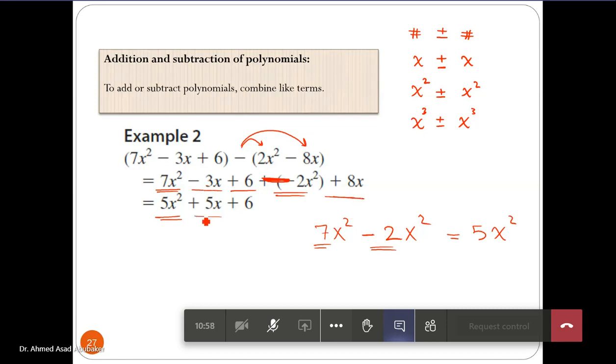So we also have 5x, because negative 3 plus 8 equals 5. And for the number 6, we don't have any other number, so we put the 6 as it is. Okay.